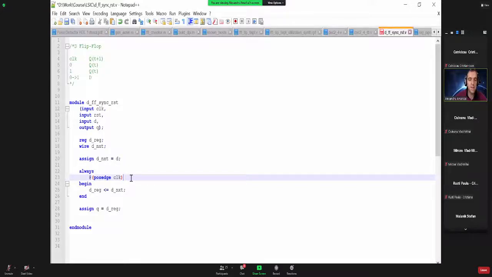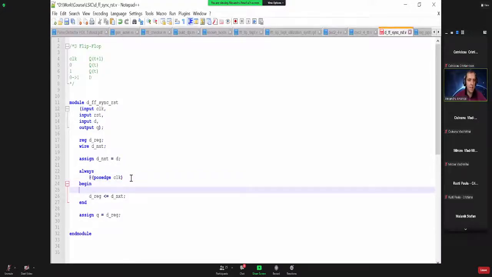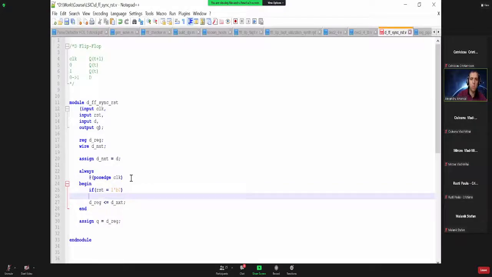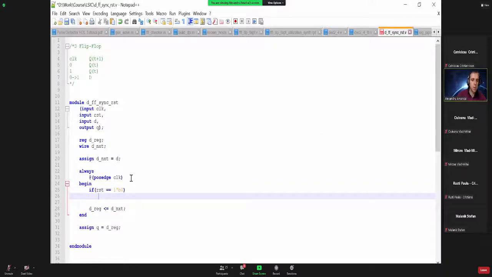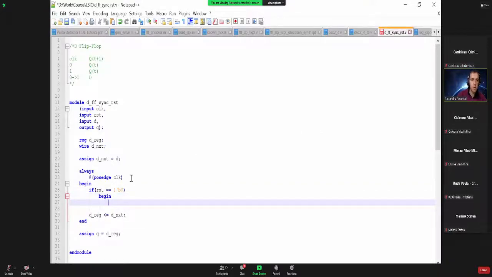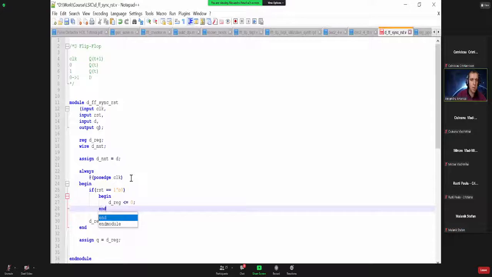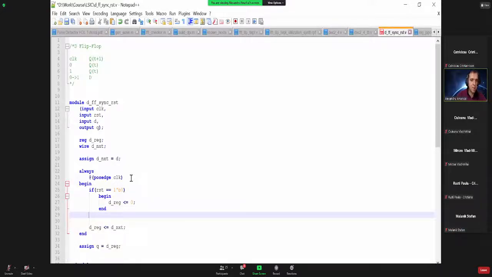In this case, in the code, let's say we activate reset on 0. Again, this means that dreg becomes 0. Reset is a priority kind of signal.